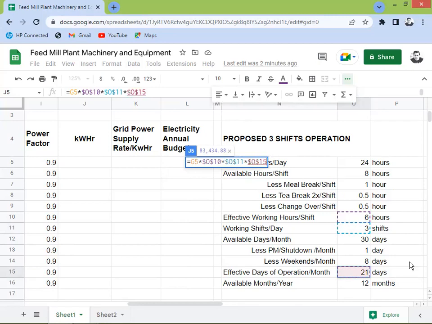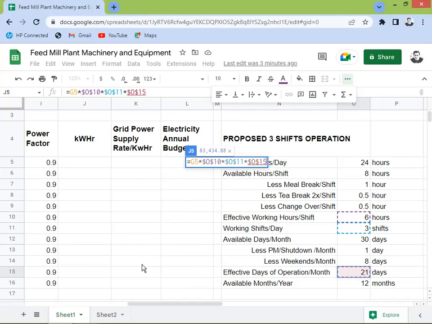And then the next one would be this 12 months. I did not include here or deduct the holidays because holidays differ depending on the countries. So I was just assuming that the workers will still be working on holidays, but the company will just pay the premium, the overtime, for the people working during holidays.